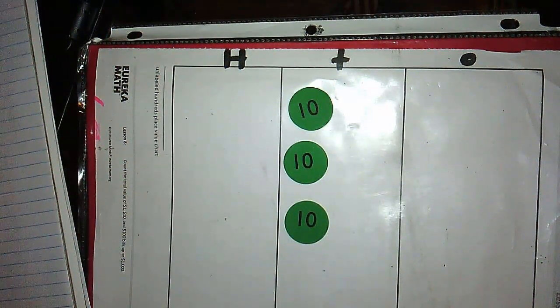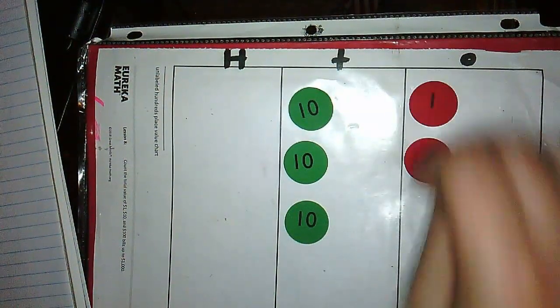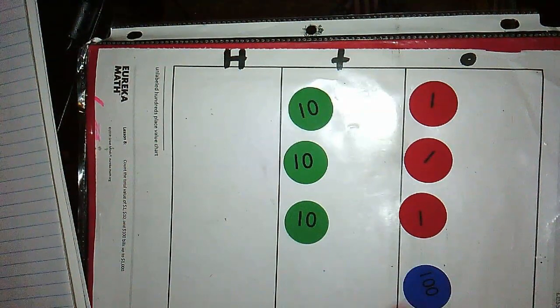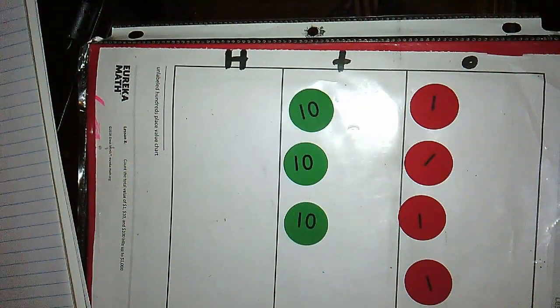Now, I have to put the 5 ones. 31, 32, 33, 34, and 35. Look at this. This shows 35.